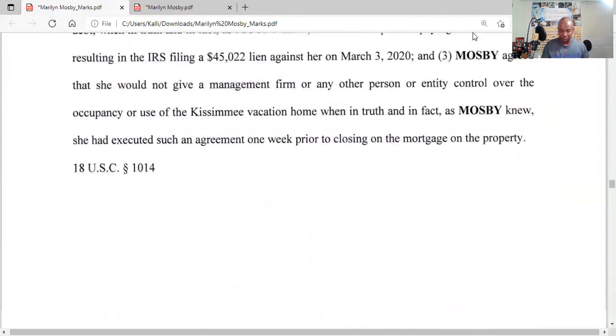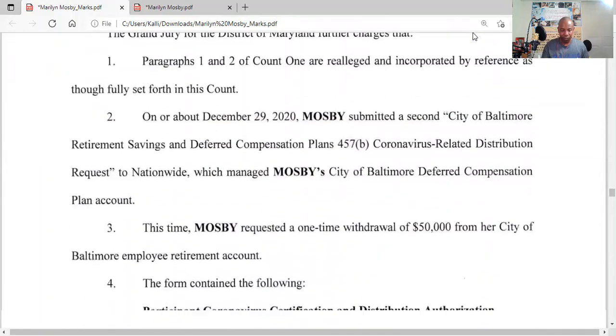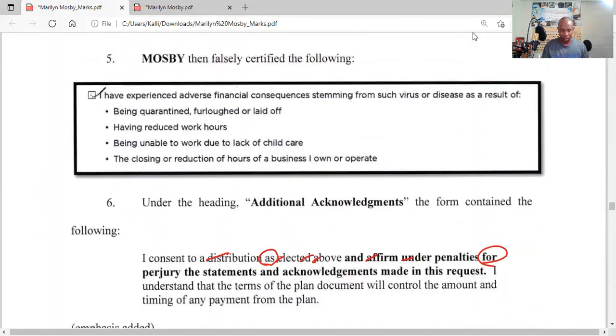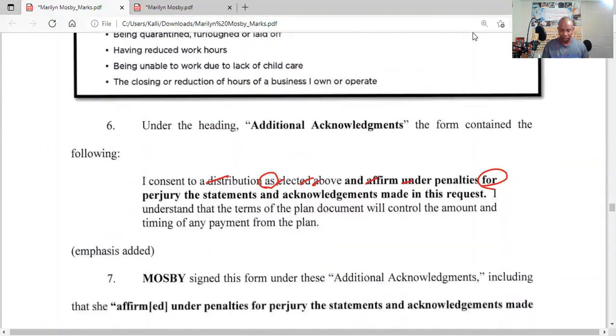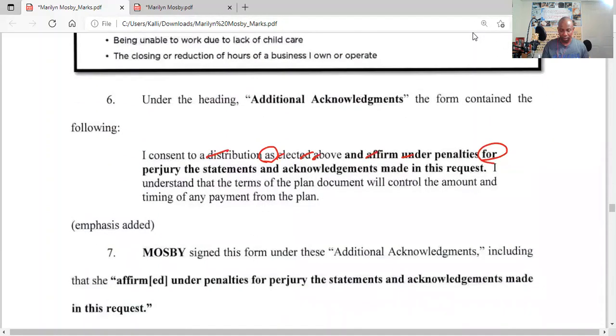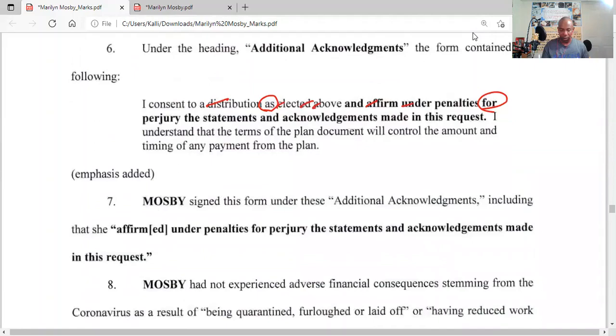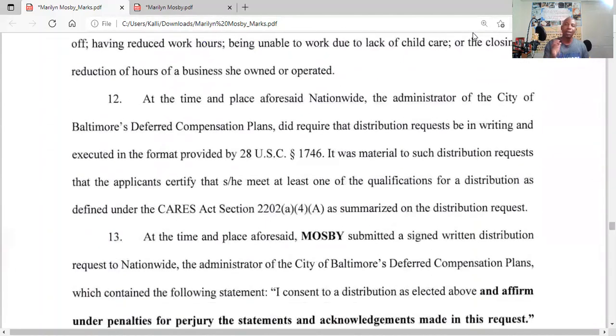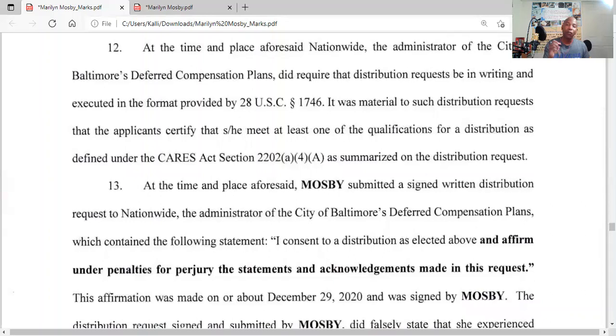So as we continue, this entire thing is where there's not one legal or lawful sentence structure in this document. There are no facts in this document.